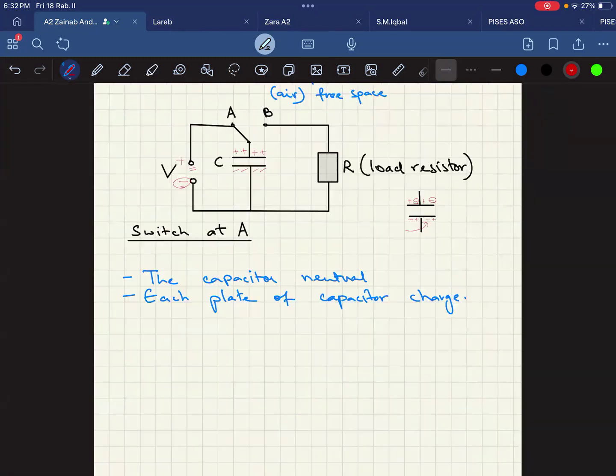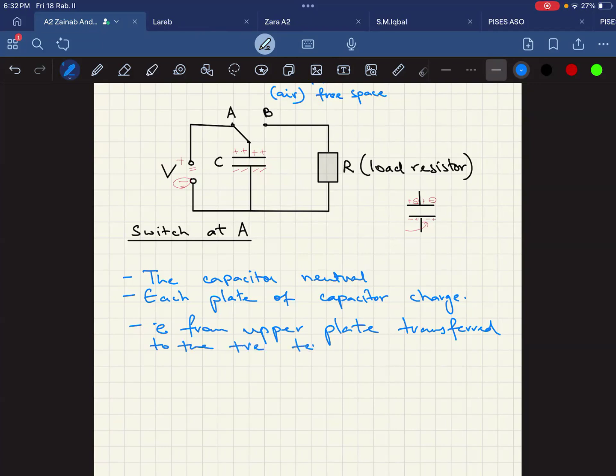So what I can say is that when the switch is at A, electrons from the upper plate are transferred to the positive terminal of the source.